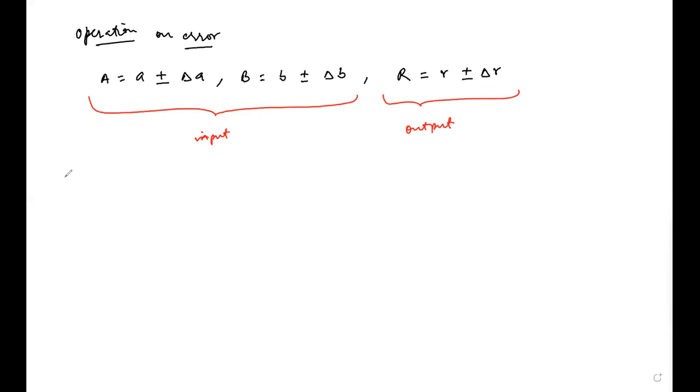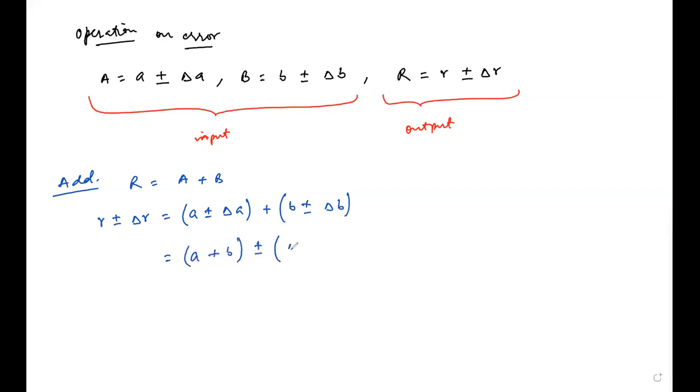First, if you want to add, then R equals A plus B. If you put all the values in this part, you will get R plus minus delta R equals A plus minus delta A plus B plus minus delta B. If you rearrange the expression, true value to one side and error part to the other side, it will turn out to be R plus minus delta R equals this much.